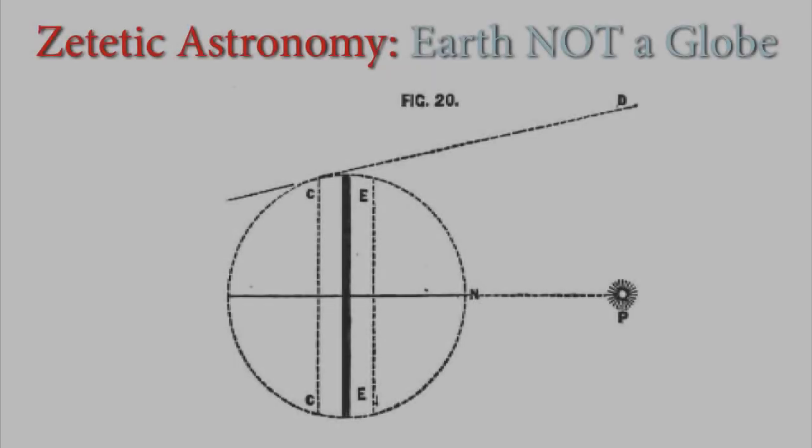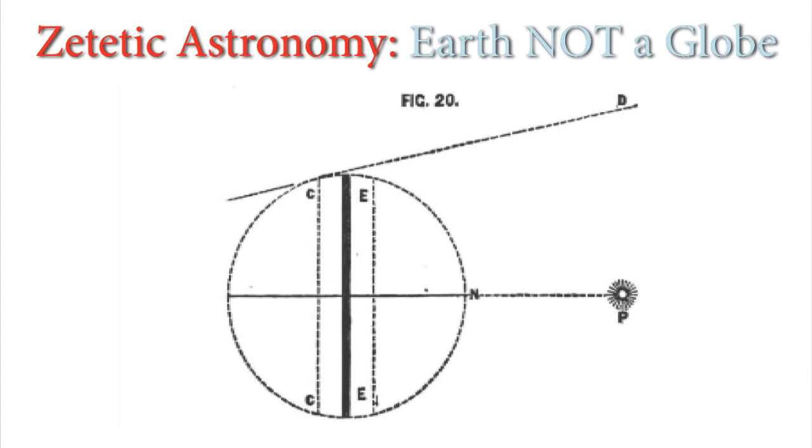Let N represent the North Pole, EE the equator, CC the Tropic of Capricorn, and P the polar star. It will be evident that the line of sight CD, being a tangent to the Earth beyond the equator E, must diverge from the axis N and could not by any known possibility cause the star P to be visible to an observer at C. No matter how distant the star P, the line CD being divergent from the direction NP could never come in contact with it.